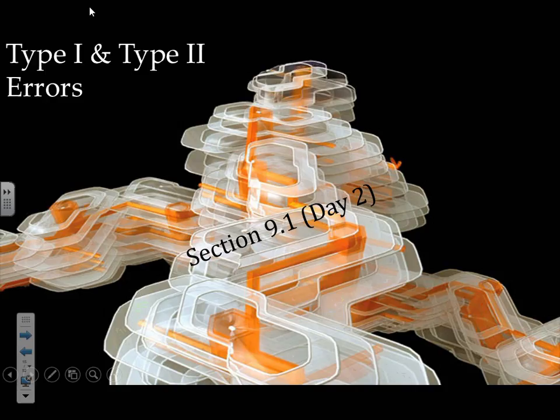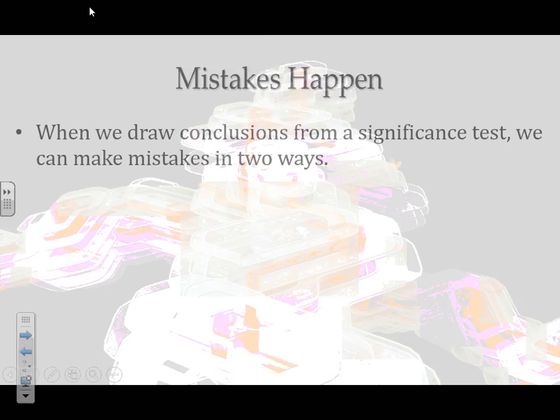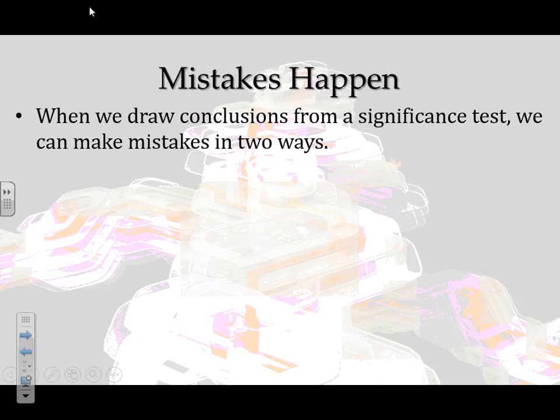We might reject when we shouldn't, and we might not reject when we should. And when we do that, we create two different types of errors, which is what we're going to talk about today. So when you're running these hypothesis tests, we can make mistakes in two different ways.